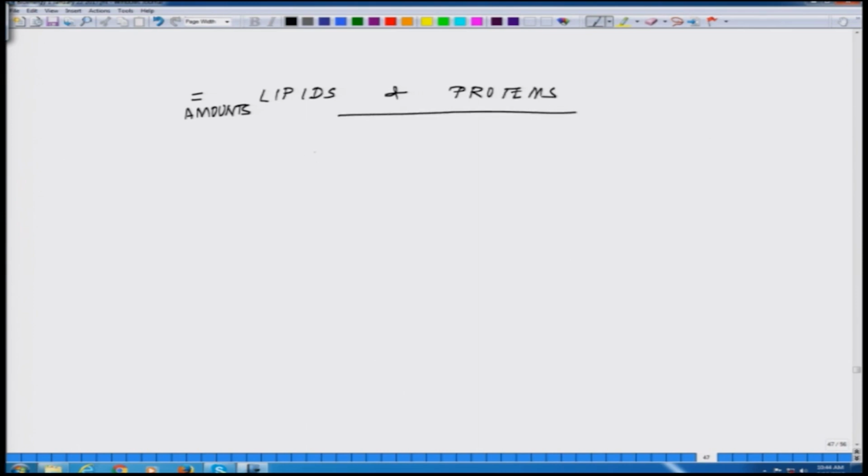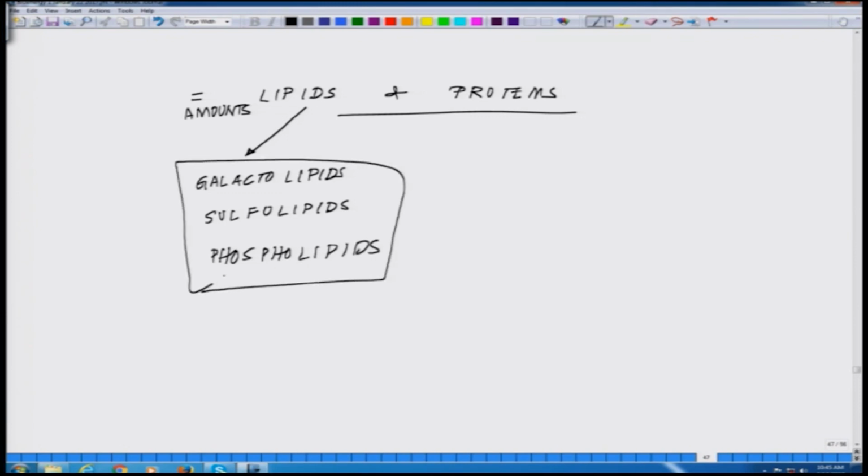And most of the total lipids are galactolipids, sulfolipids, and phospholipids. These are the different kinds of lipids which are present there.